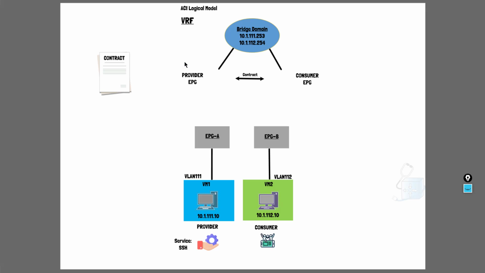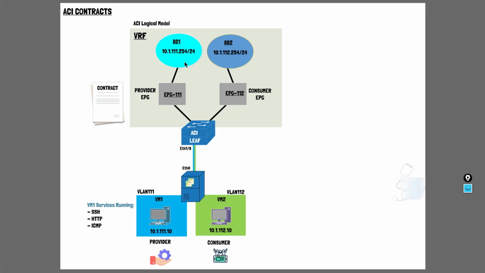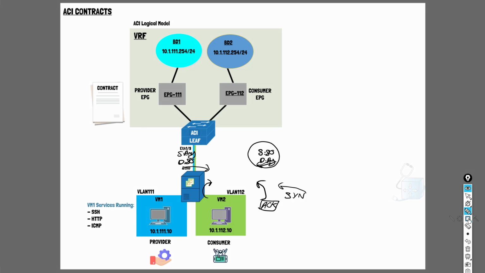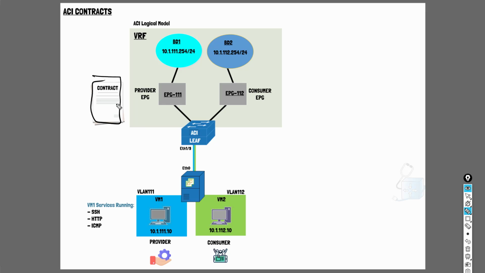One second. So the contracts actually get applied from the provider always to the consumer. So let me just grab my pen a little bit over here. The contract that you will create once you have filters and subjects placed in, we will configure saying, okay, the contract will be provided from the provider to the consumer EPG.